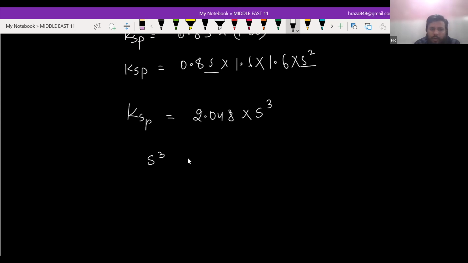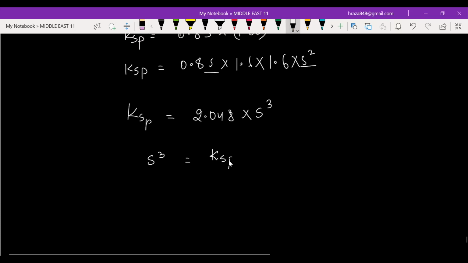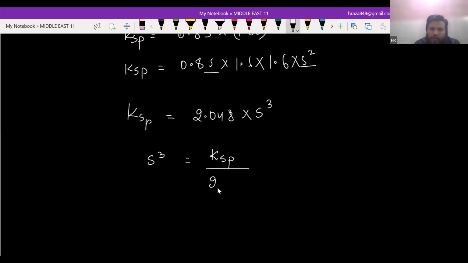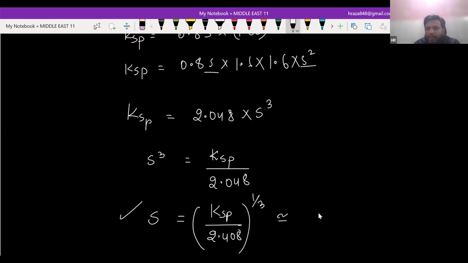So S cube will be equal to Ksp upon 2.048, and S will be equal to Ksp upon 2.048 raised to the power 1 by 3, in terms of Ksp. 2.048 is almost equal to 2. So the right option is D.